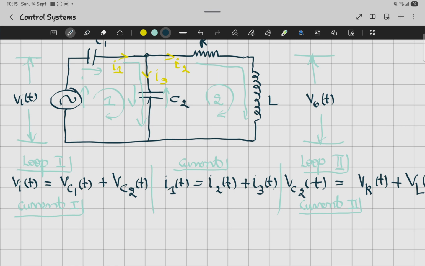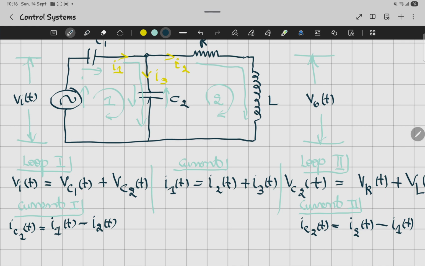So the current from the capacitor inside loop 1 and the current inside the capacitor inside loop 2, what's going to be, first you take the current that is inside loop 1 and the current that is inside loop 2, you minus it with the external current, which is I2, and here it's going to be I1(t).